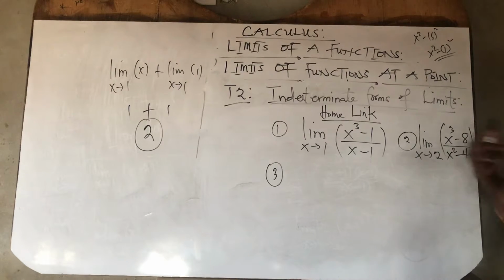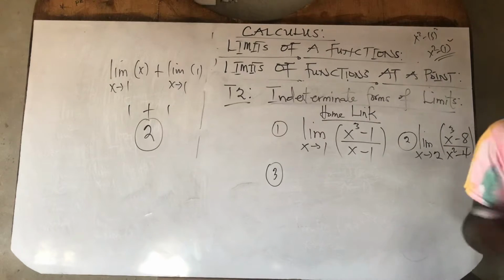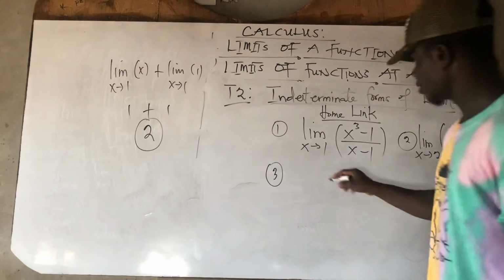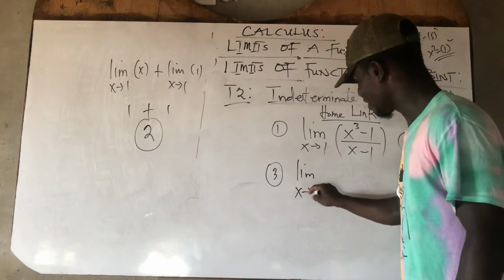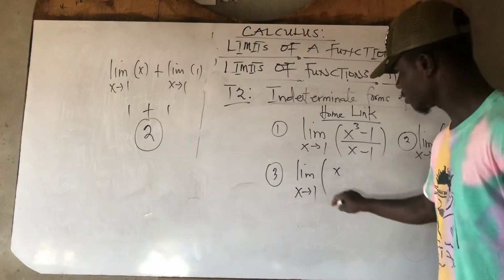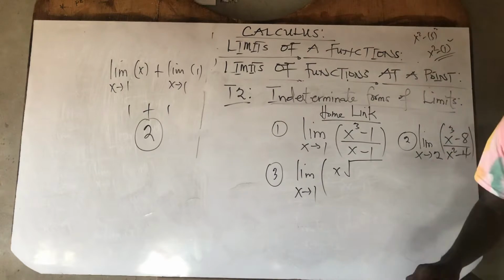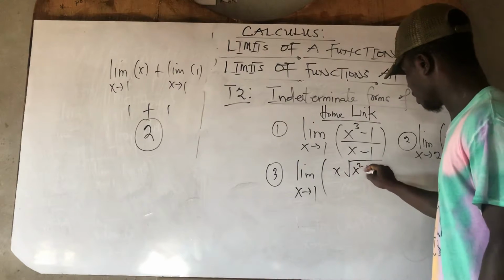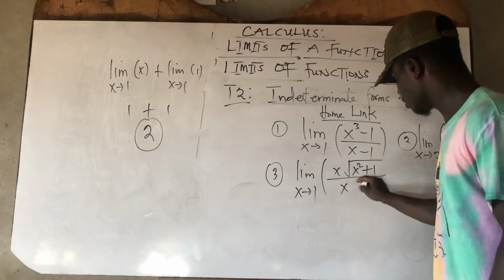Okay, let me mix it with what? The substitution too. Then you have to try them. They're all good for your health. The limit as x approaches 1 of x, you take the square root, then x squared plus 1 all on x plus 1.